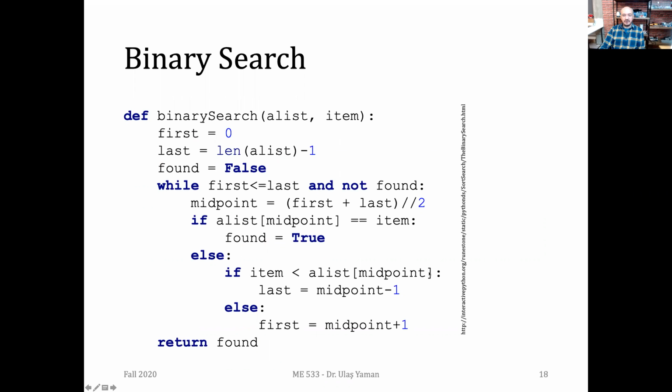This is what is being done here. The last and the first indices are modified depending on your item. If the value of item is less than, in our case, 25, we change the last to the midpoint minus 1. But if it is higher than our value, then we change the value of the index of first by adding one to our midpoint.